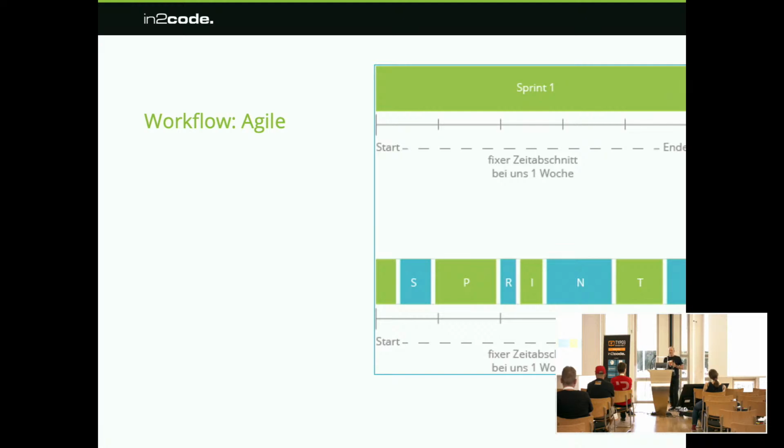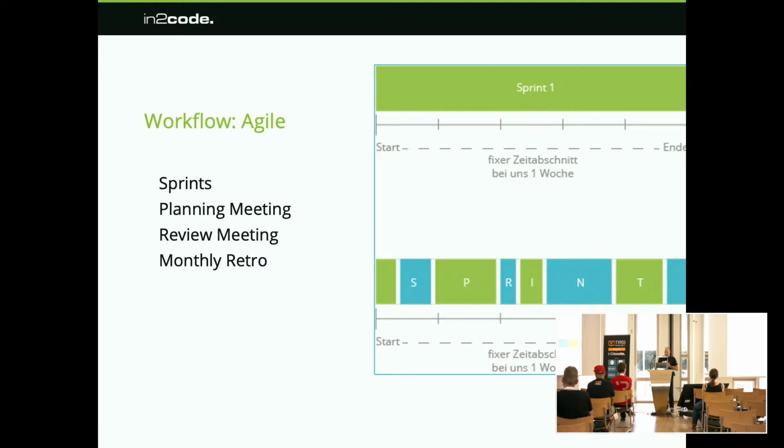Then we have a review meeting where the full team reviews the outcome of the sprint. If we have a dedicated sprint with a customer, we offer the customer a dedicated review meeting for their sprint. So we have all those tools from Agile.